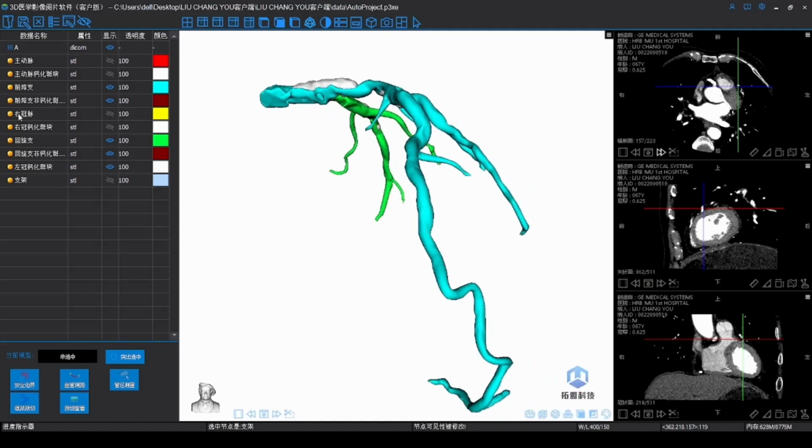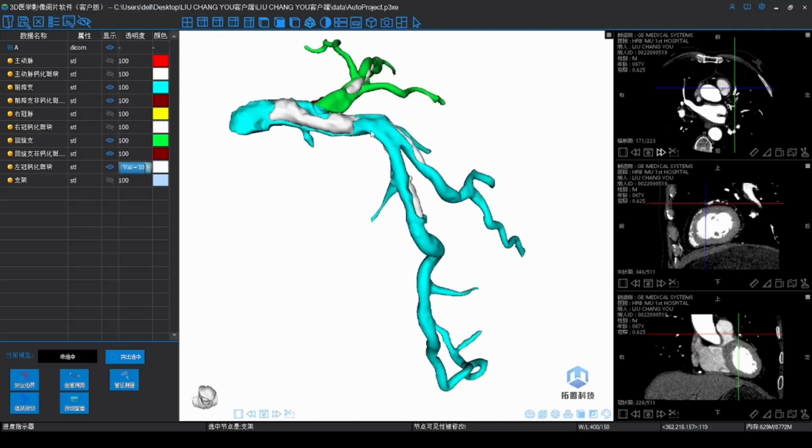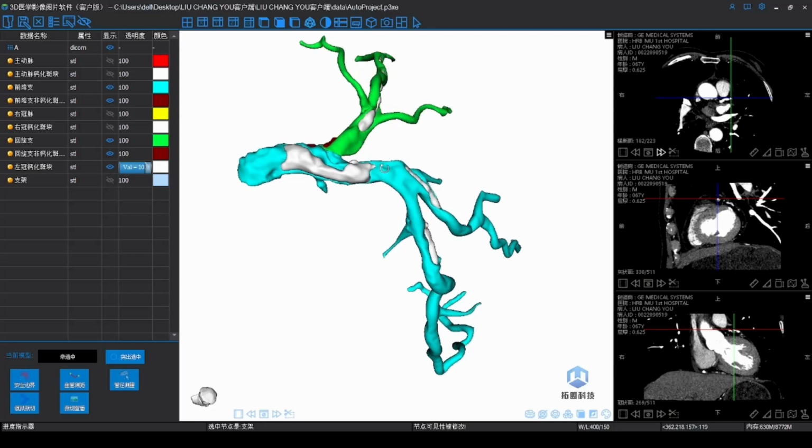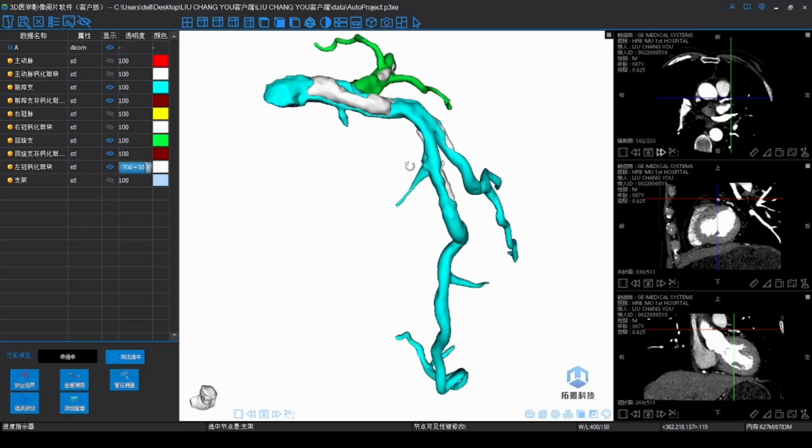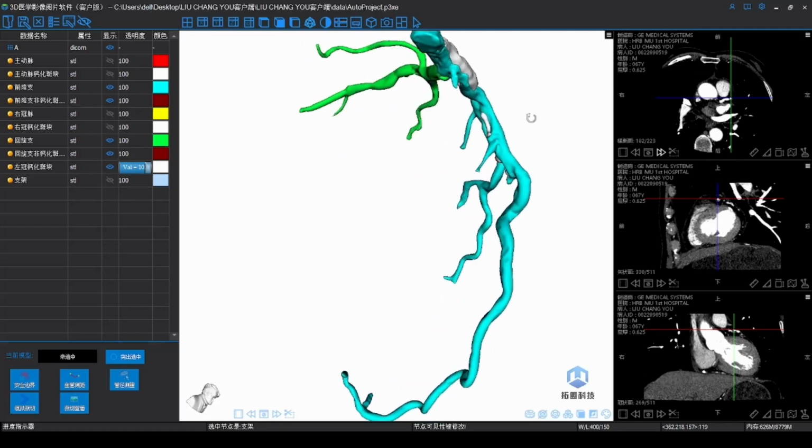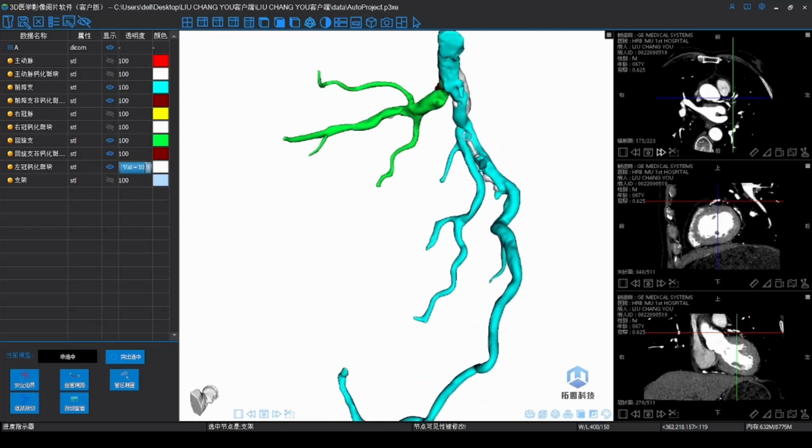In the image, we can see there is heavy calcification in the LAD and the left main. We rotate the image. We see from the left main to the proximal LAD there's a heavy calcification, and we rotate the vessel freely.